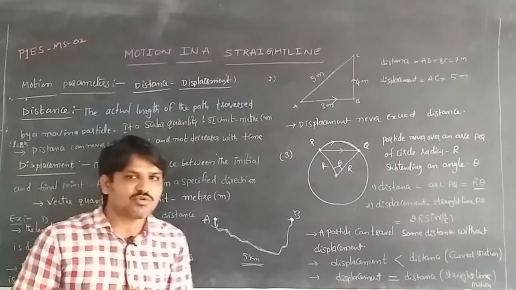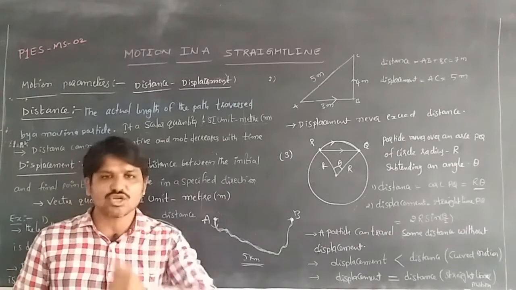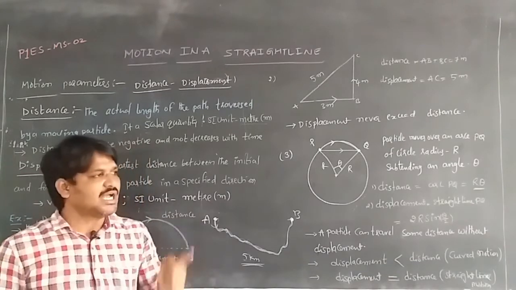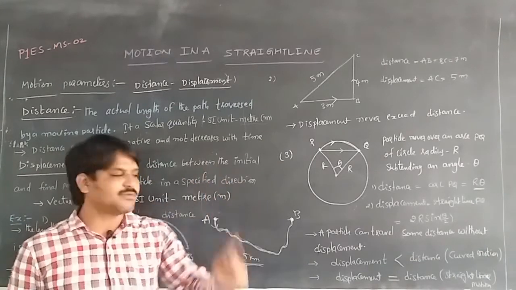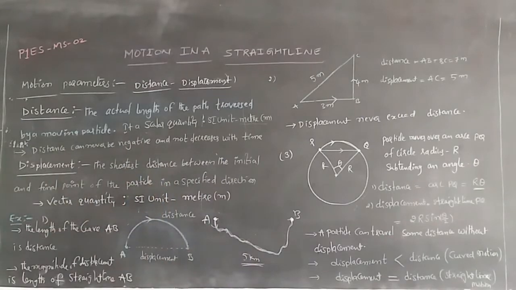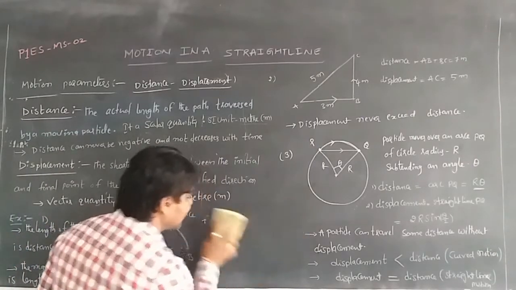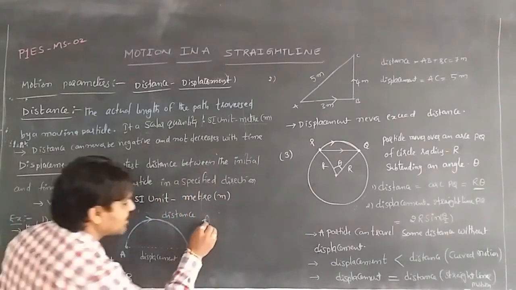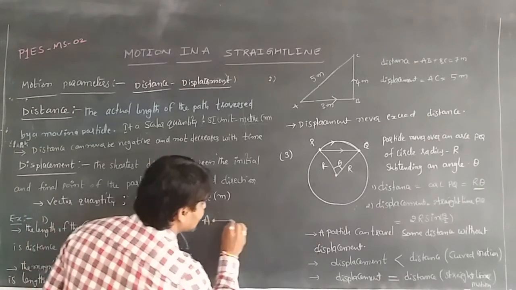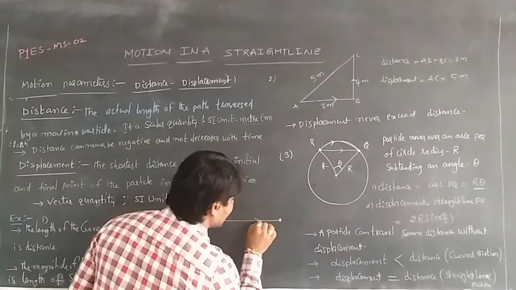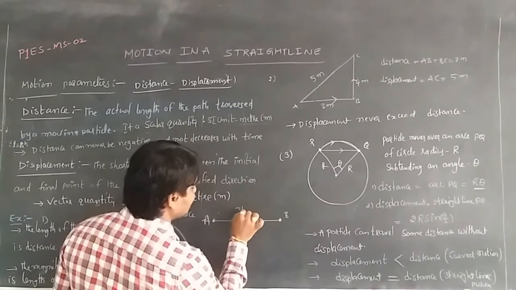If the body is moving along a straight line without changing its direction, then distance and displacement will be the same. In this case, the body started from A and traveled in some direction to point B, for 3 kilometers.